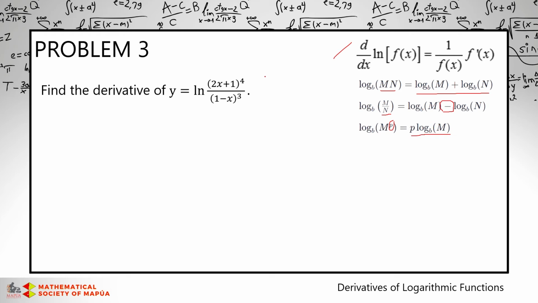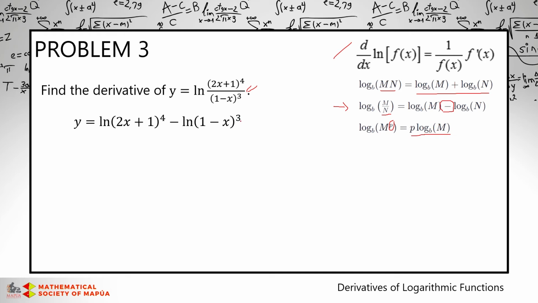So, going back to our problem, we have ln of (2x plus 1) raised to 4 over (1 minus x) raised to 3. The first thing we notice is this fraction, so we can apply this formula, where m, the numerator, is (2x plus 1) raised to 4, and n is the denominator, which is (1 minus x) cubed.